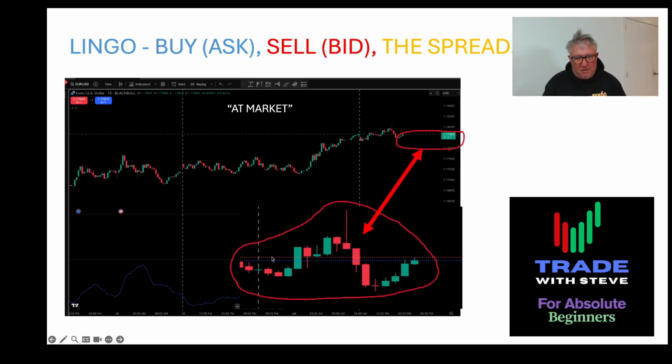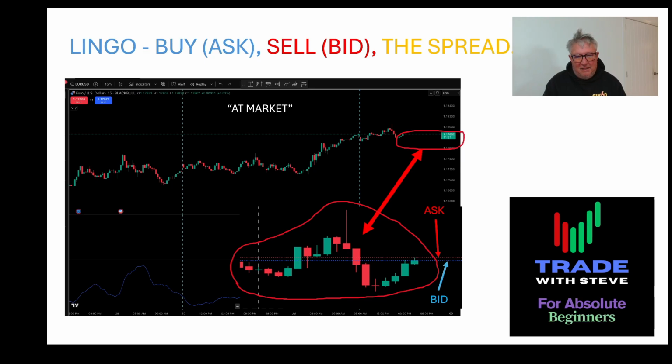I'm just blowing up this area of the chart. You'll see that there is a red line and a blue line. The red line is what we call the ask, and the blue line is what we call the bid. So the big banks that supply liquidity to the brokers will publish an ask price and a bid price, which gets passed on to us.